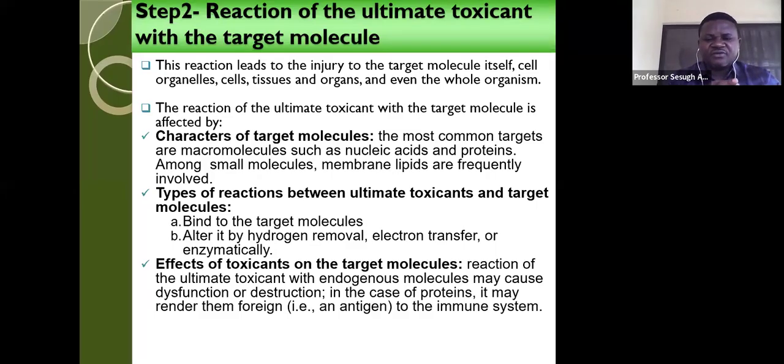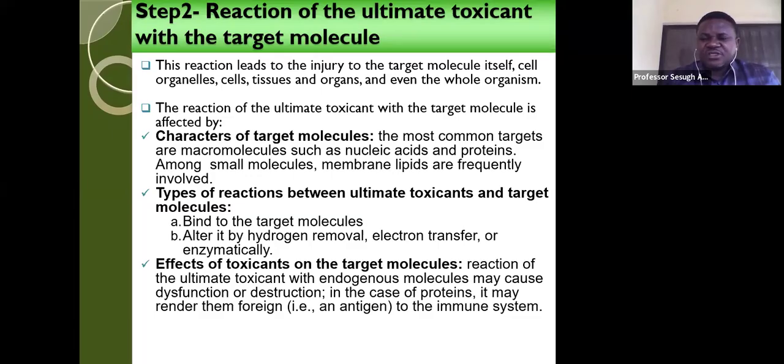So we have effects of toxicants on the target molecule. A number of effects: reaction of the ultimate toxicant with endogenous molecules may cause dysfunction or destruction. Yeah, because that is the target, that is the aim: to destroy completely, destroy the proteins, destroy DNA, and so on and so forth.